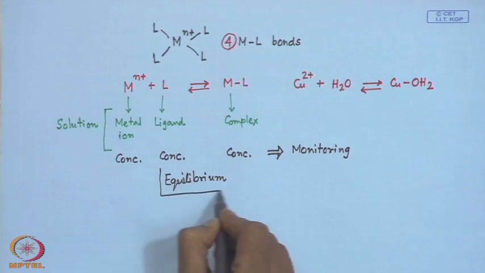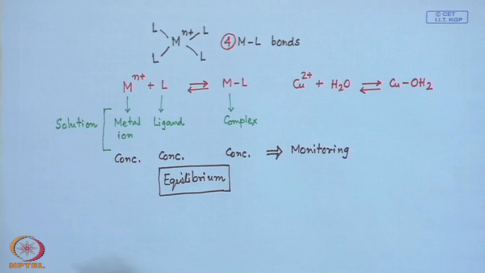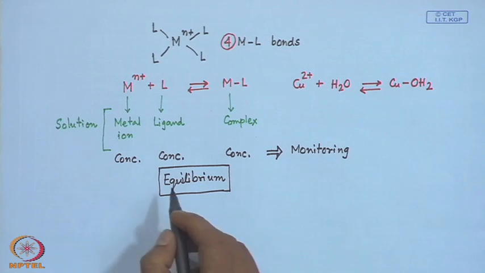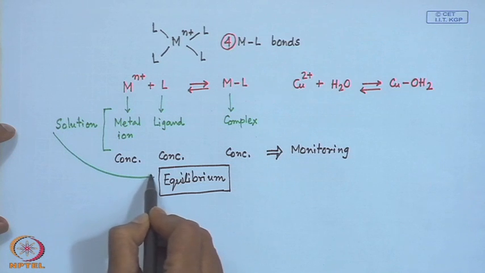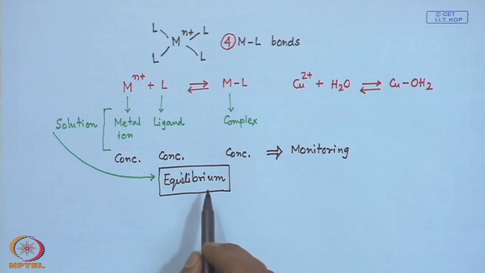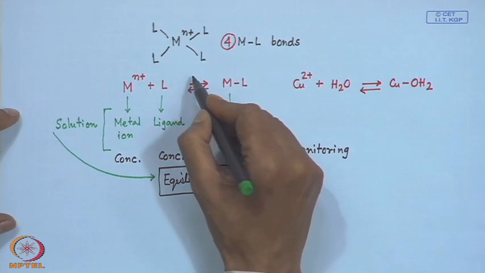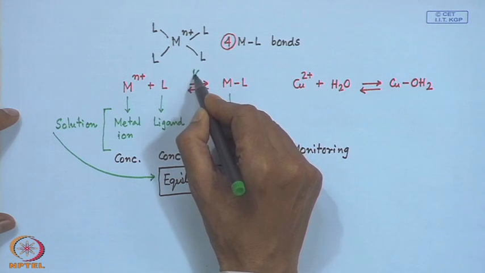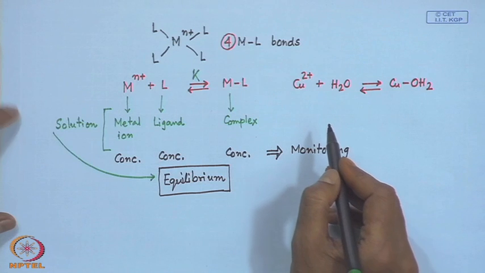So, in today's class, we will consider how the equilibrium processes take place and how the different species contribute to the equilibrium process, because this is a very important thing that we can monitor in the solution stage. In solution, we can monitor the equilibrium process such that we can evaluate a constant related to this complex formation.